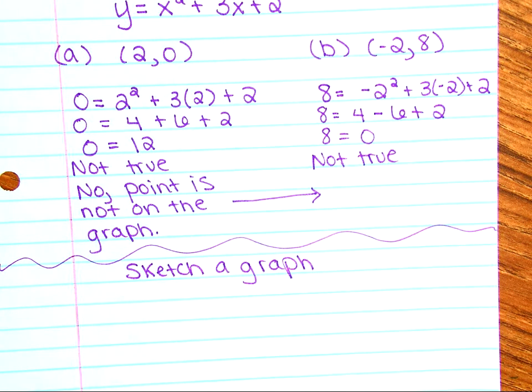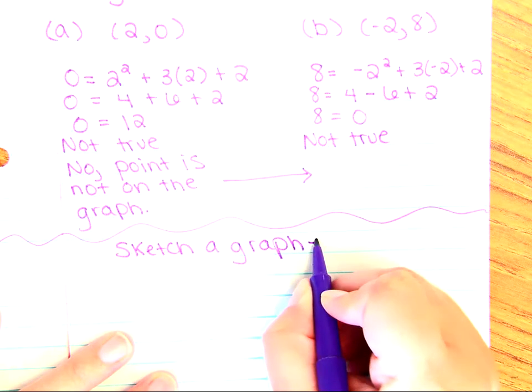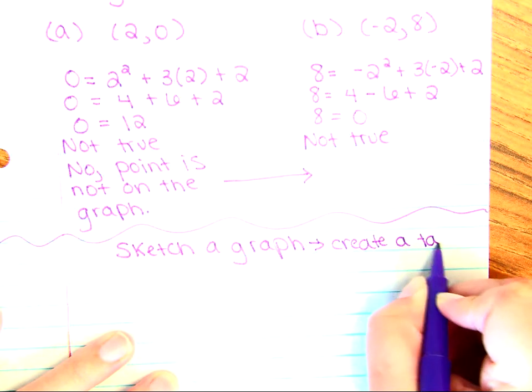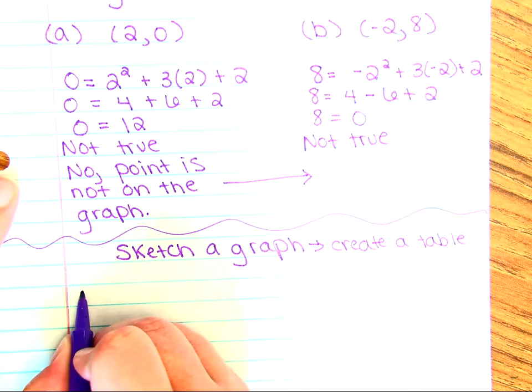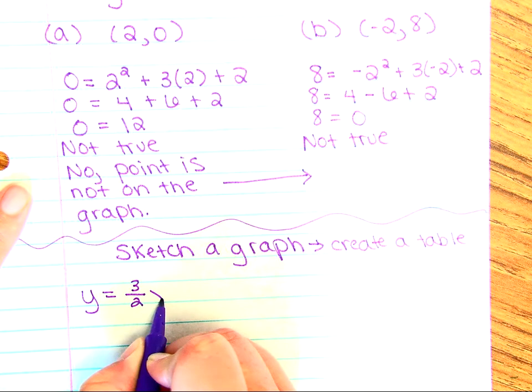Okay, for this particular section, when you are sketching a graph, what they're wanting you to do is to create a table. So we're just going to create a table of values. So fairly simple example, y equals 3 over 2 x minus 1.